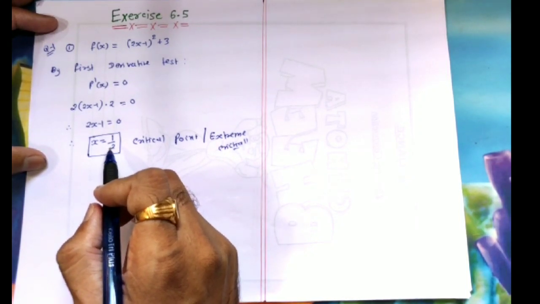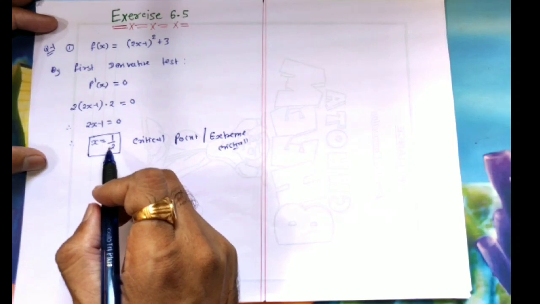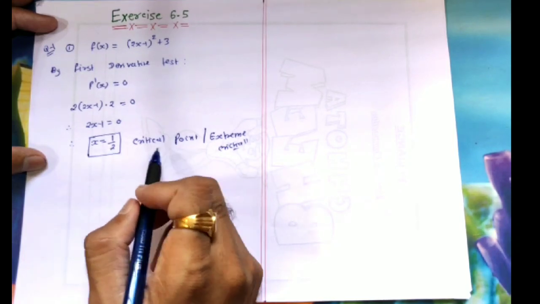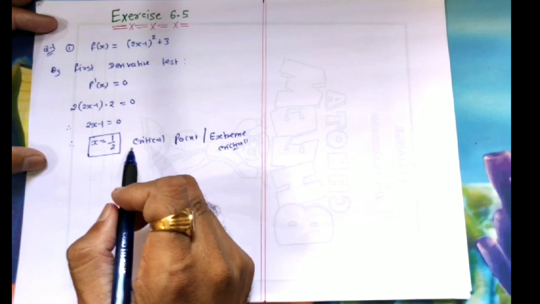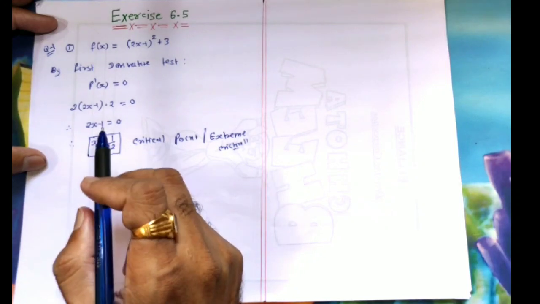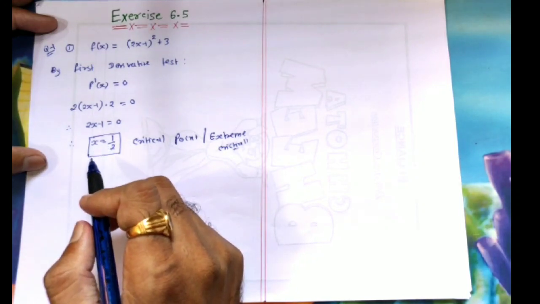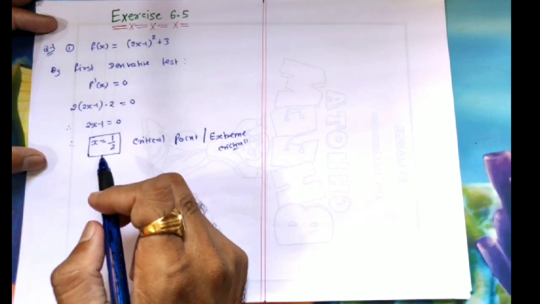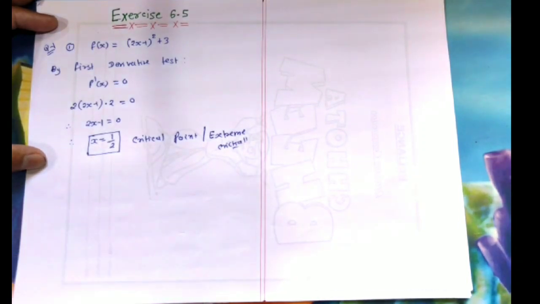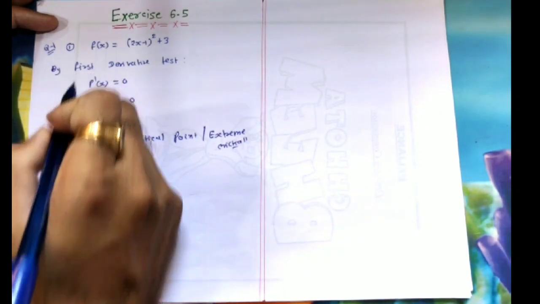That means it is now confirmed that the function's maximum or minimum value will come at this point, but whether it is maximum or minimum we have to identify. That is your step number 2, the identification step.